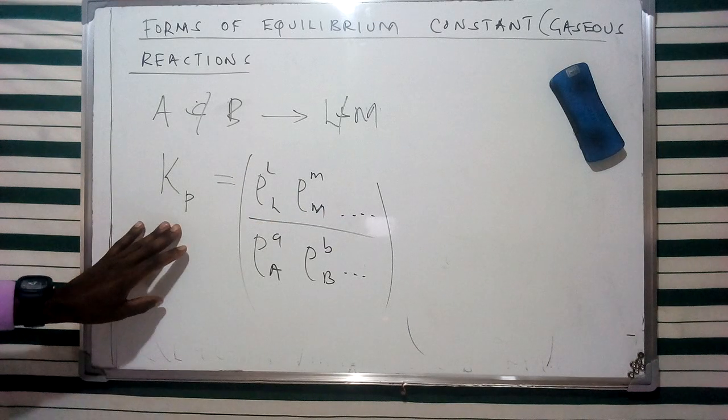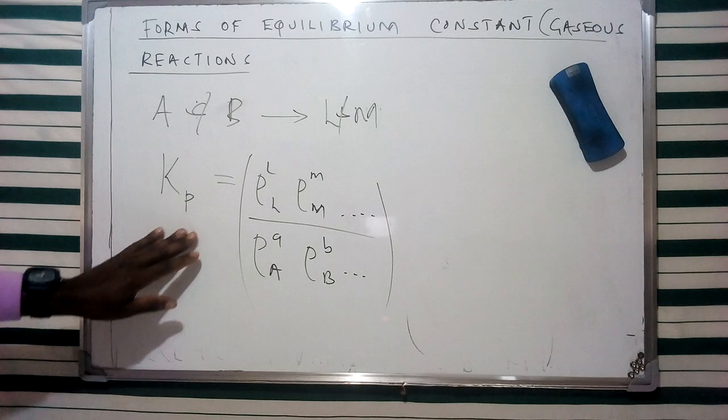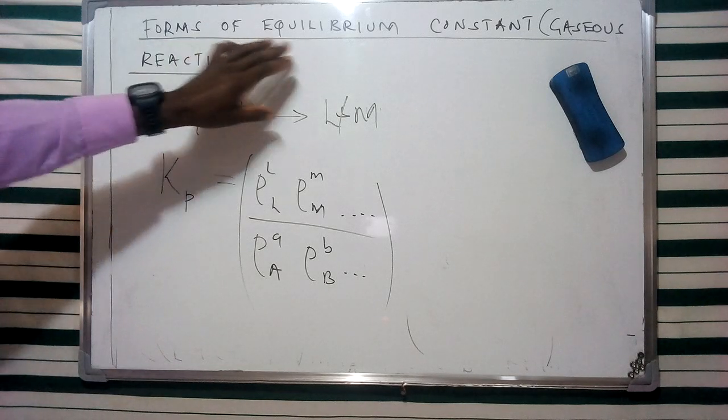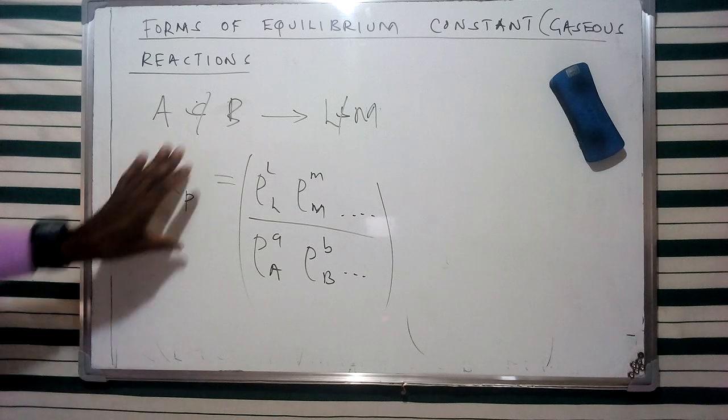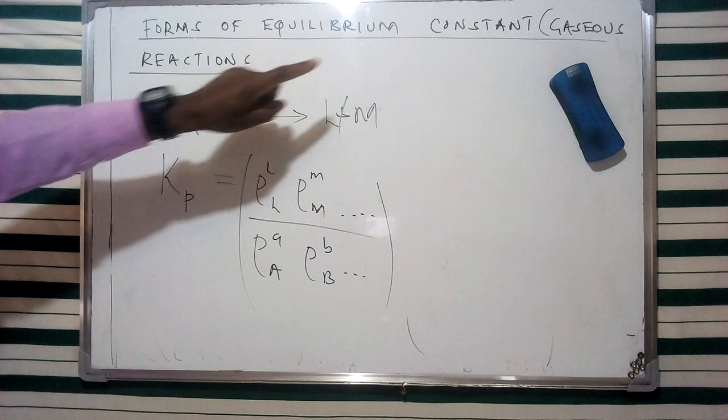This is the general implication of partial pressure insofar as the equilibrium constant is concerned, and it is the first form of equilibrium constant that we have given, in terms of partial pressure.